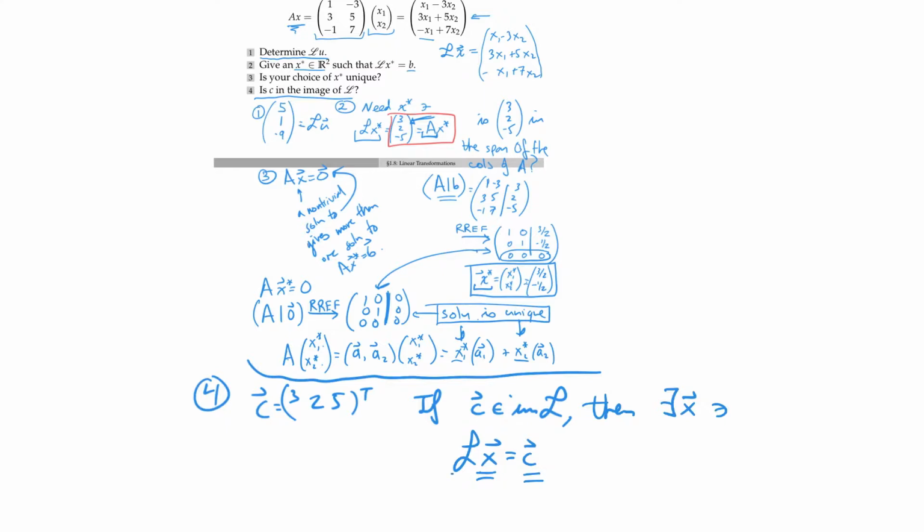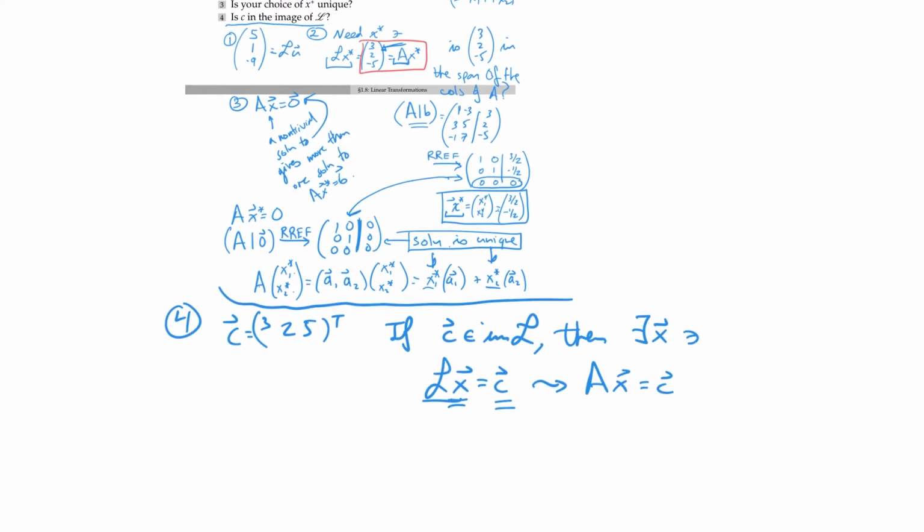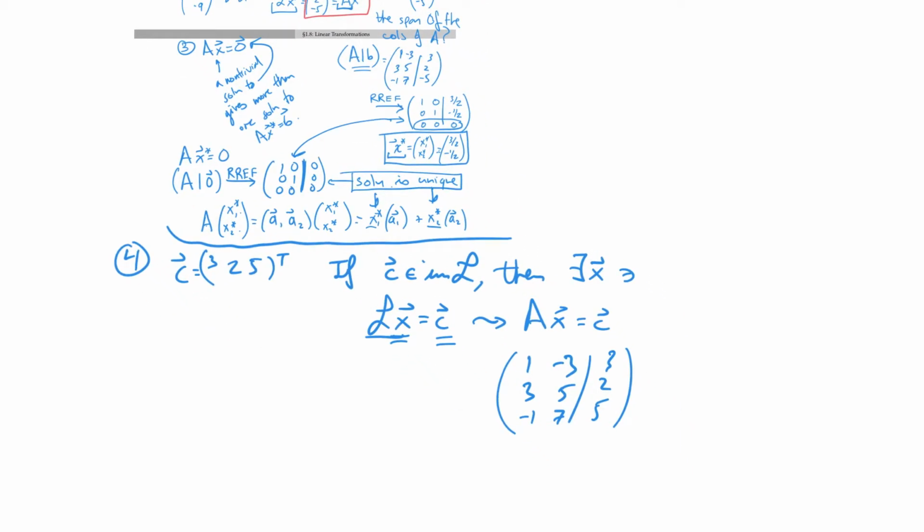Now, we know Lx is really what? Ax. And so we're asking about the consistency of this system. Well, 1, -3, 3, 5, -1, 7, 3, 2, 5. That's what we're looking at there. What do we do? As usual, reduce to echelon form, which is boom.